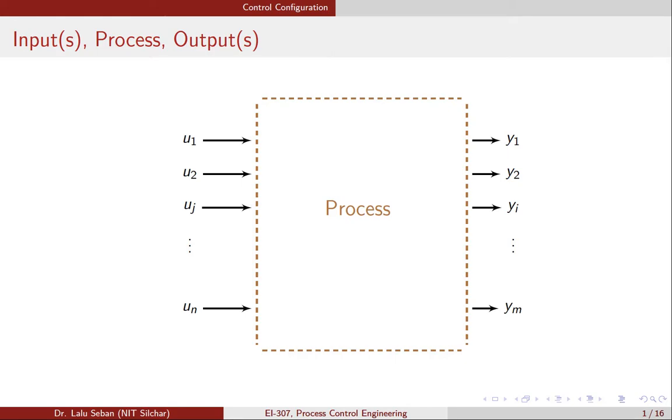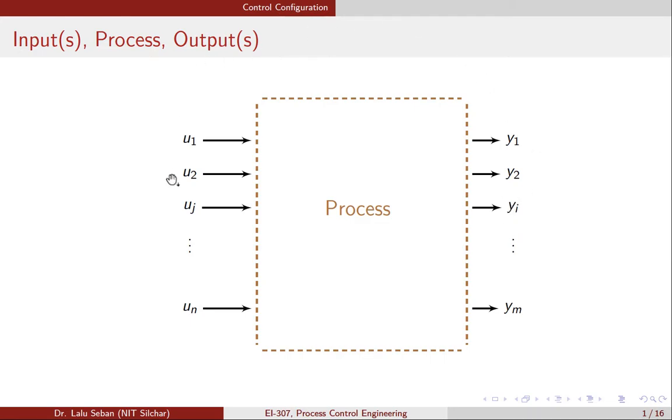So we will select some of the outputs to be controlled to a particular desired value, which we call the set point. Those outputs are the controlled variables.